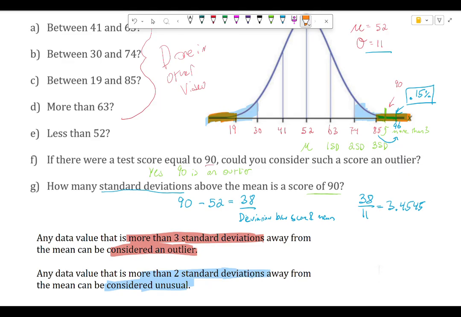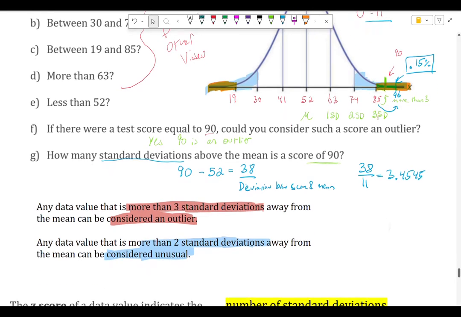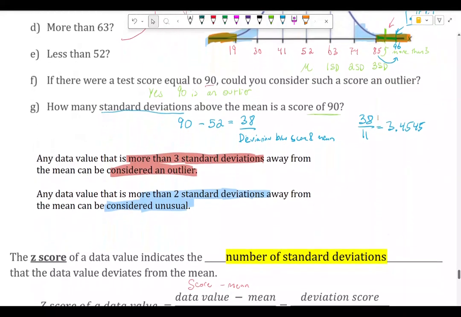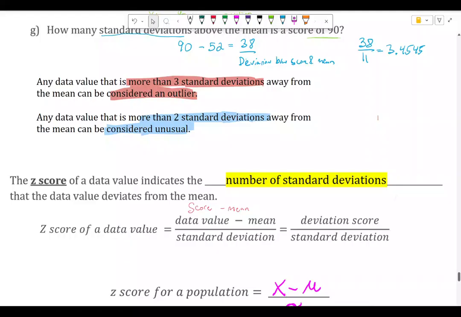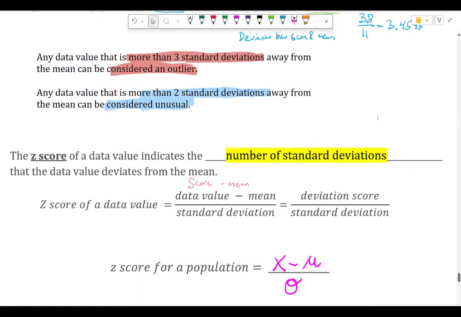That's what we're trying to figure out: how many standard deviations the data value is away from the mean. That calculation is our z-score. Our z-score indicates the number of standard deviations that the data value deviates from the mean. There's a formula in the notes.